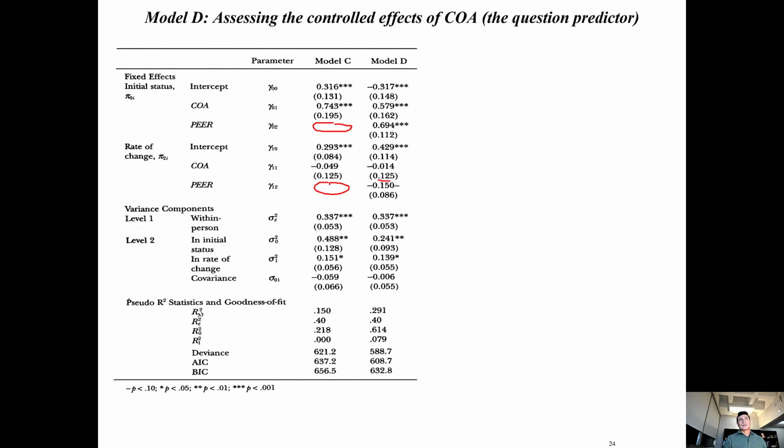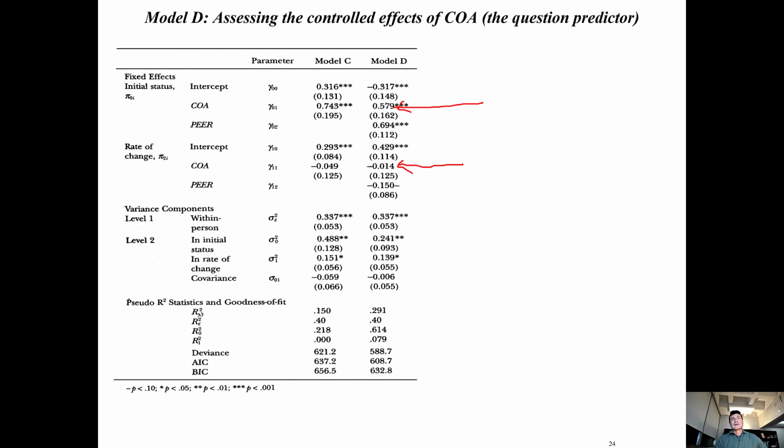In the next model, we actually have that, and we can see when we look at this Model D column, we've got an effect of your parents drinking on where you start. Your parents drinking does not affect your rate of change.